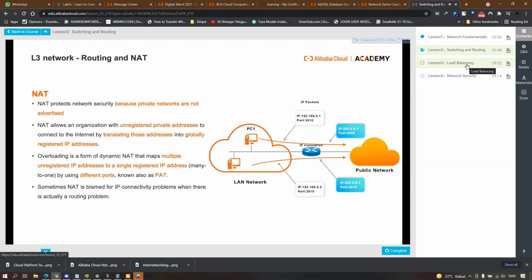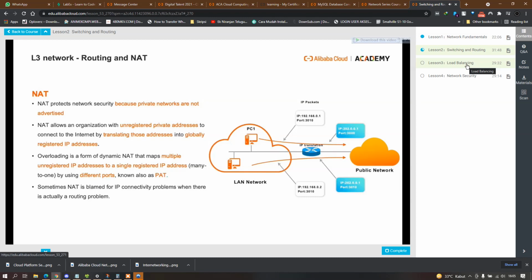And one more thing: just now we were talking about NAT, right? But there are some scenarios where you have many hosts inside of your internal network that need to visit the internet, but we also know that internet IP addresses are expensive, right? And they have limited quantity.